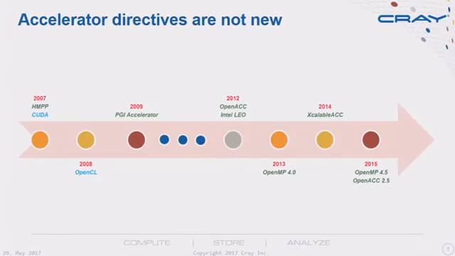So to give you a short overview about the accelerator directives, they are more or less as old as the low-level implementation. So in 2007, the first CUDA version was released, but also the HMPP, which is also a high-level directive model.